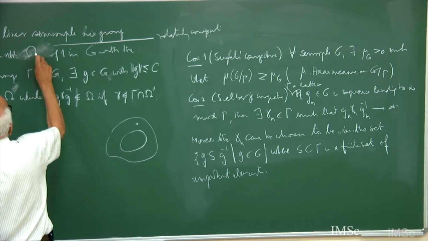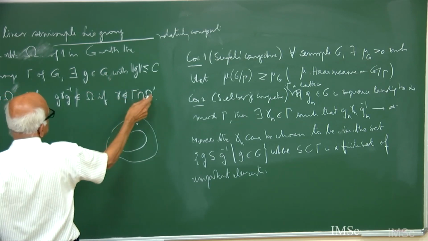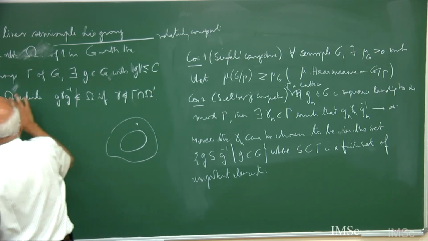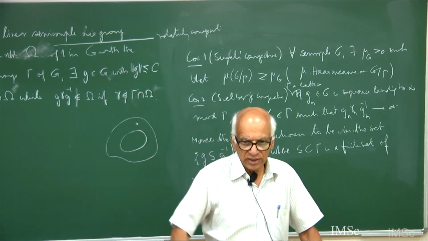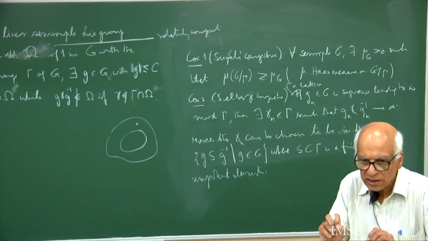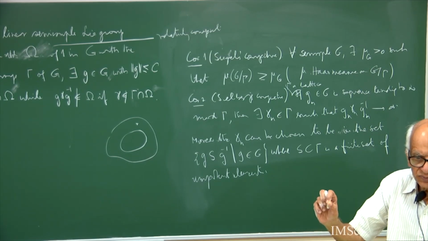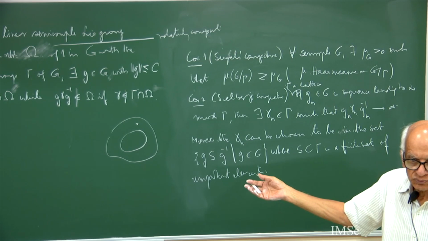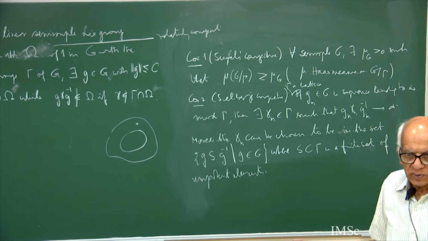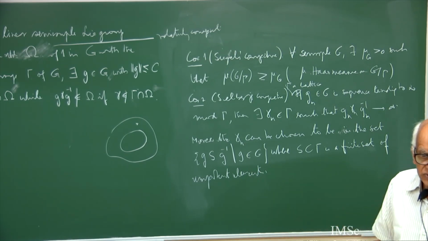Sorry, there is a neighborhood omega with this property. So, if it is outside omega, it stays outside, doesn't get in. But if it is inside omega, its distance increases. So, in a finite number of steps, you will get all the elements out of omega. Nothing comes in. See, no new thing comes in at every stage.